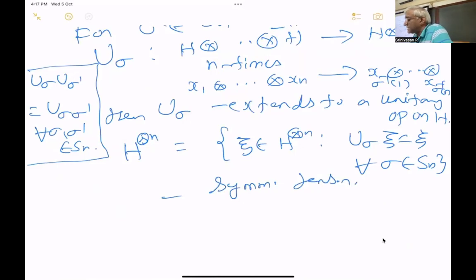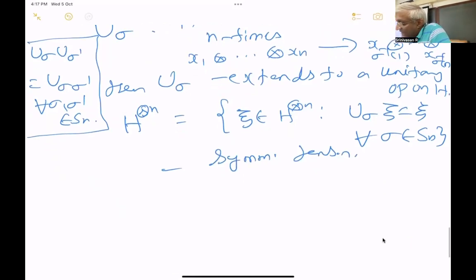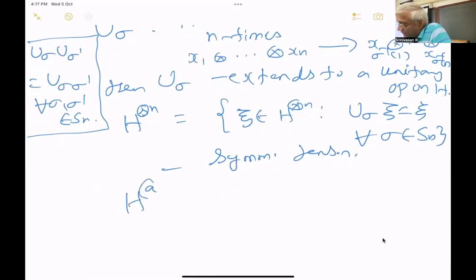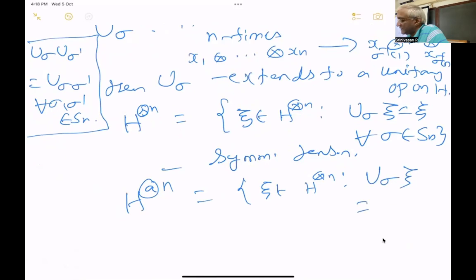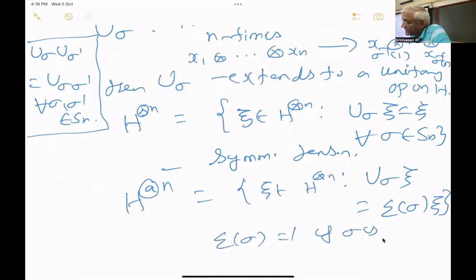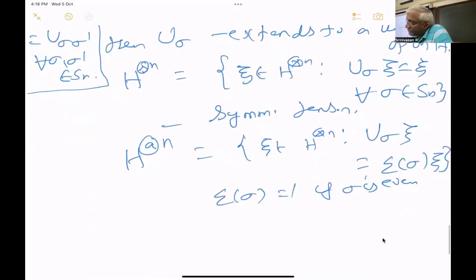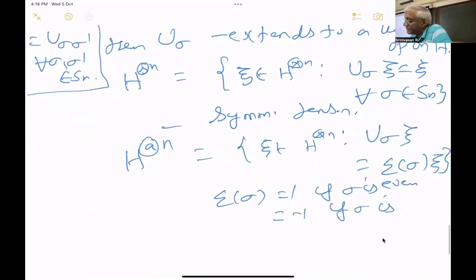So this is the symmetric tensor, which I defined in the last class. There is something called the antisymmetric tensor. That is all those xi in H tensor n such that U sigma xi equals the signature of sigma times xi. The signature epsilon sigma equals 1 if sigma is an even permutation, and equals -1 if sigma is an odd permutation.